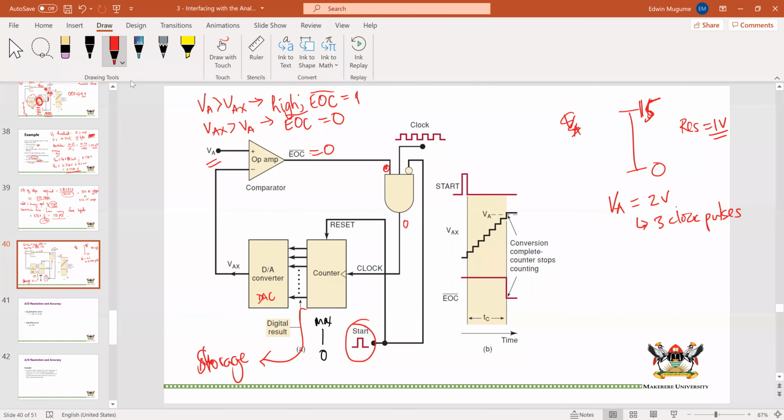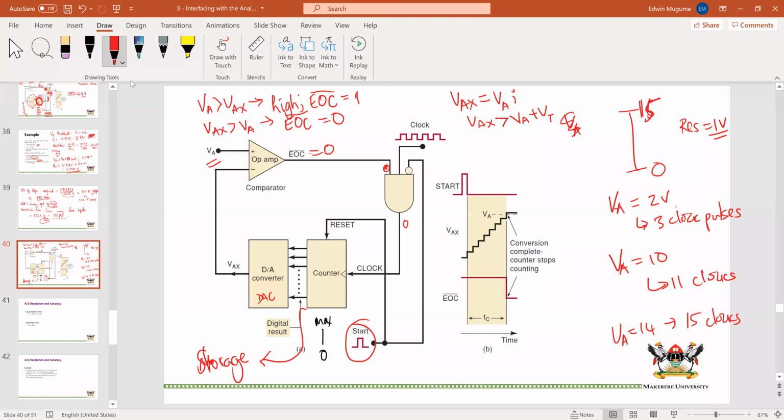Remember that when VAX is equal to VA, we still need to go a step. In fact, what we want is that VAX should be greater than VA plus a certain threshold voltage. All these things we've talked about. If VA were 10, we would need 11 clock pulses, and if VA was say 14, we would need 15 clock pulses.